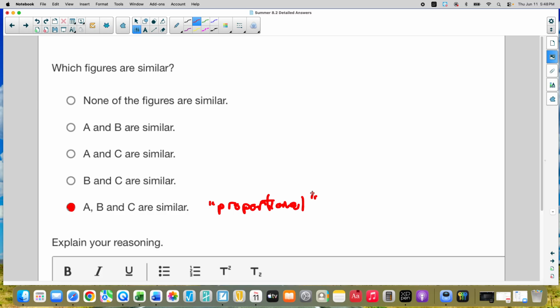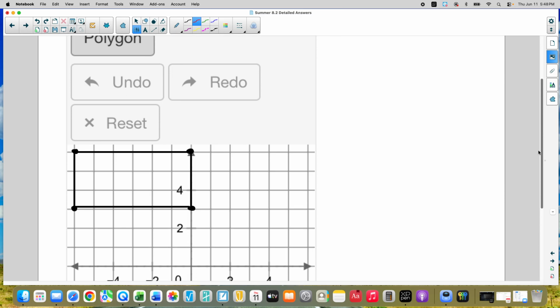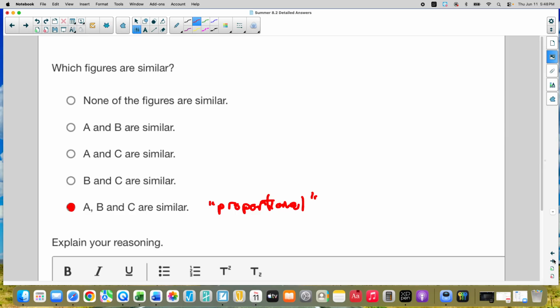If they say congruent, they have to be the same exact lengths. Proportional means there's a scale factor to them. So these are all similar because they are the same shape. They increase on the same part. So that's important for you to know. The lengths are proportional.